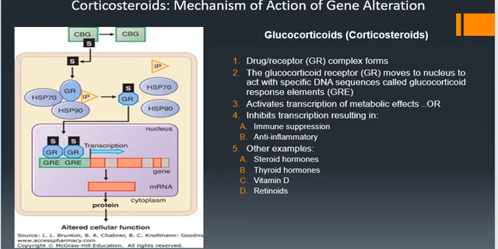The last count that I looked at was up to 20 to 30 genes that produce pro-inflammatory proteins, cytokines, chemokines, and so forth were reduced in expression by steroid administration. All right, so these are really potent drugs.